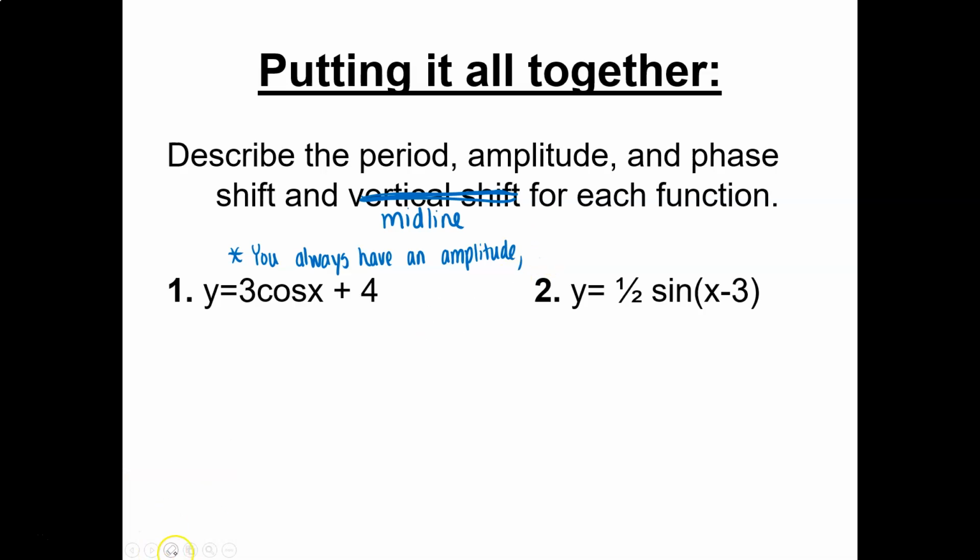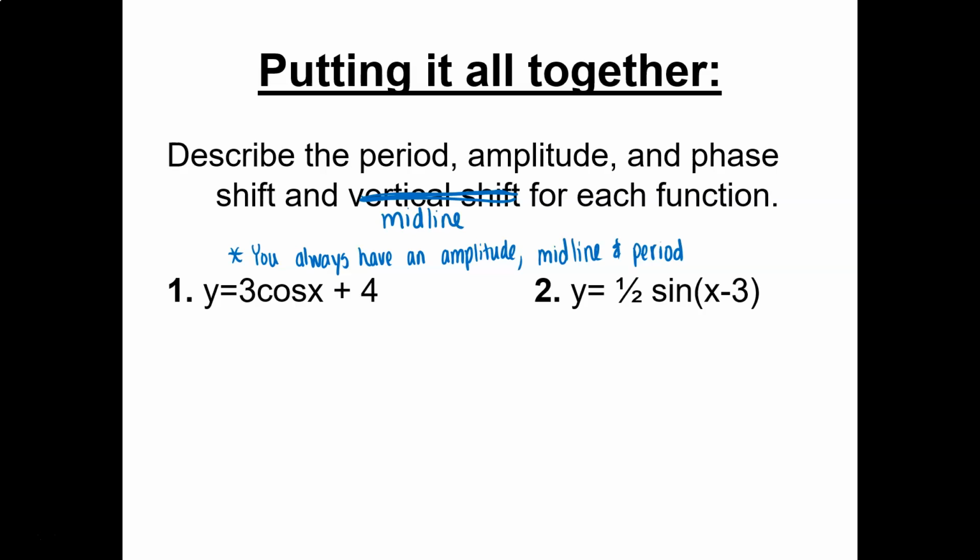Sometimes you don't have a vertical shift, but even when you don't have a vertical shift, you still have a midline. So you should always have an answer for those. Amplitude, midline, period. There is an answer. You should never put none for that. Sometimes for phase shift, you might say none. There is no phase shift. We're going to say that on this first one.